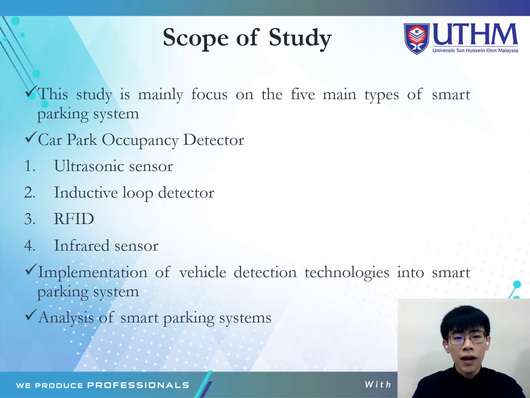There are 4 car parking occupancy detectors, which are ultrasonic sensor, inductive loop detector, RFID, and infrared sensor. Implementation of vehicle detection technologies into smart parking system is also included in the scope of study. Last but not least, analysis of smart parking system is also included.